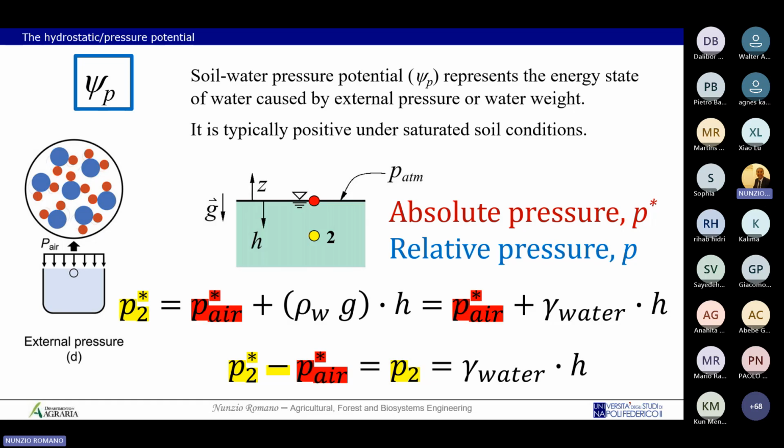This is why we are interested in the increase or the decrease of pressure compared to the atmospheric pressure. This is why we almost always refer to the relative pressure, and the relative pressure P2 in the yellow dot 2 is just the multiplication of the specific weight of water and h.